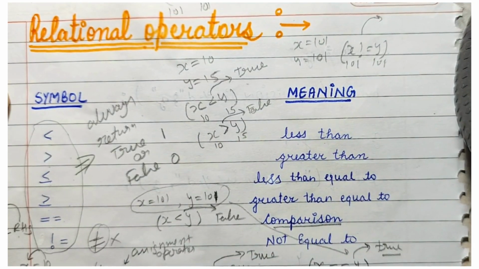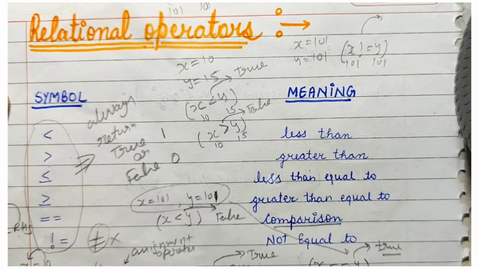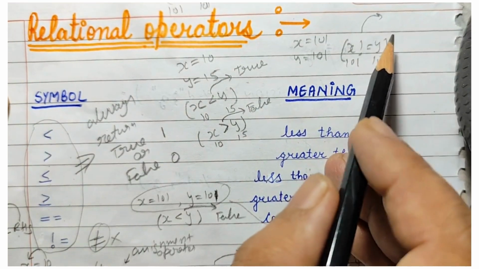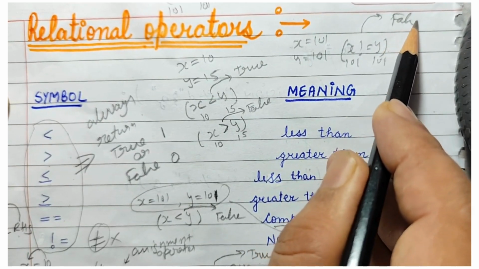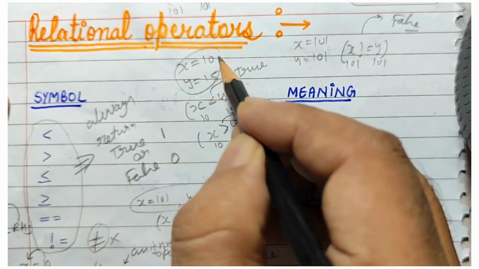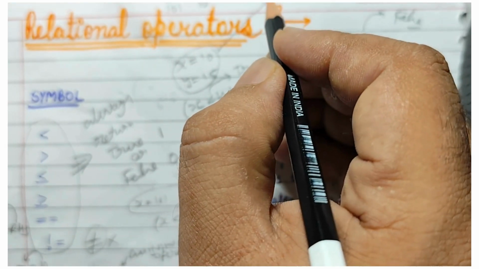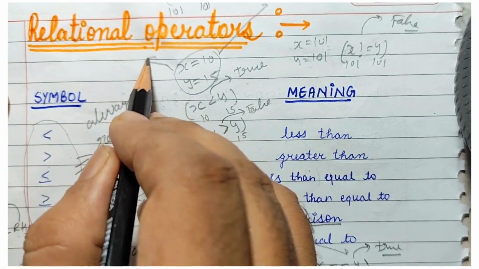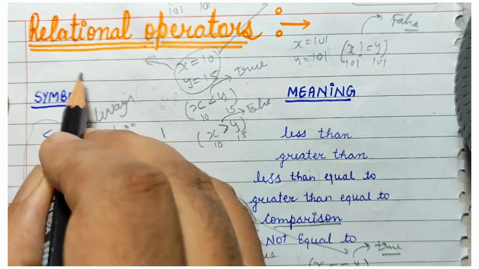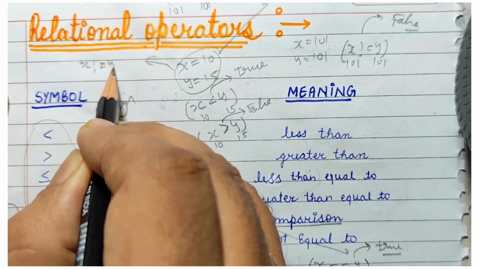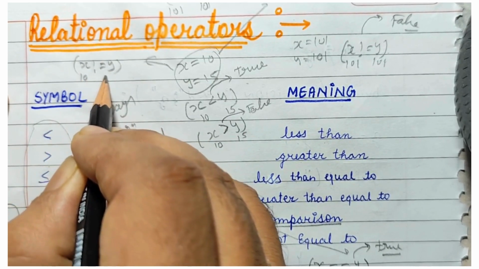So the condition 101 is not equal to 101 is false, because 101 is equal to 101. So it returns false. If you are using these values, suppose x is equal to 10 and y is equal to 15, x is not equal to y. Now 10 is not equal to 15.